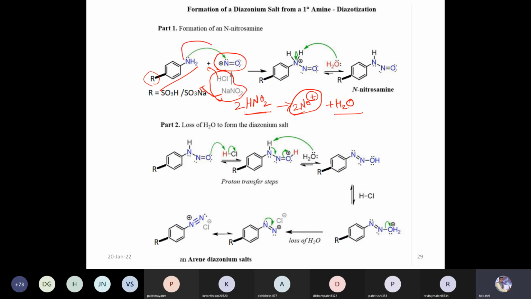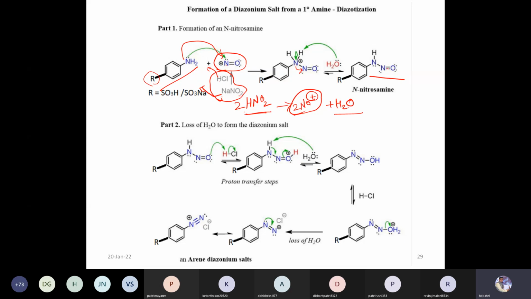So this nitrogen acts as a base and attacks on this. As a result, the nitro group is attached over here, but nitrogen has donated its electron to this nitrogen. That's why nitrogen has positive charge. We can say an ammonium salt will form. Immediately, on breaking of this nitrogen hydrogen bond, an electron will transfer over here, and as a result we will get nitrosoamine.